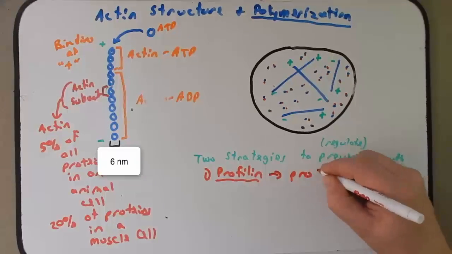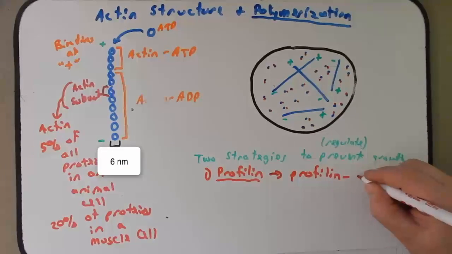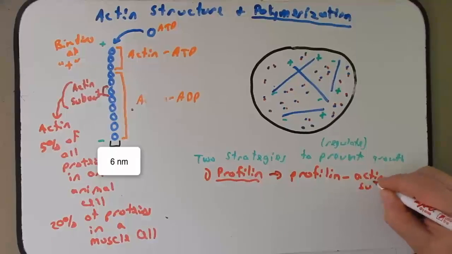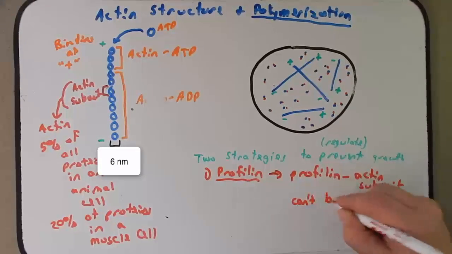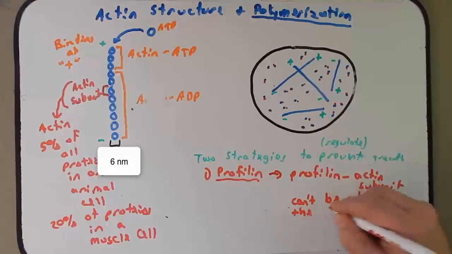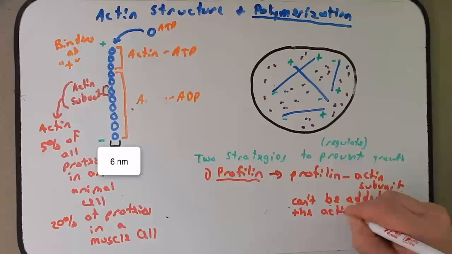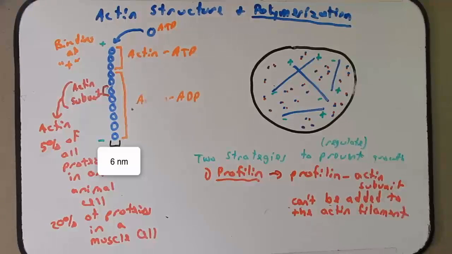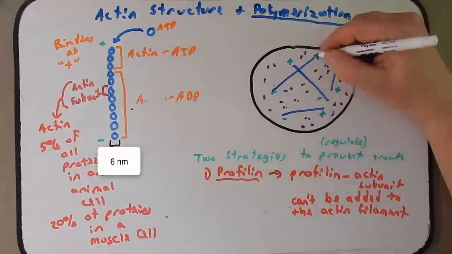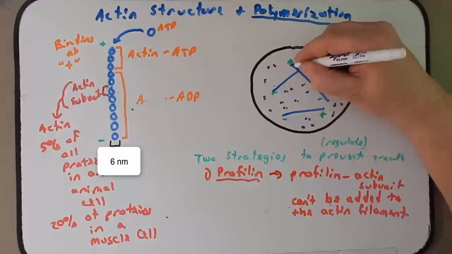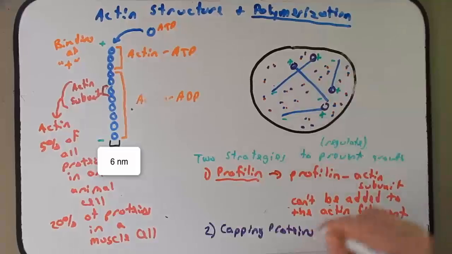So I'm going to draw it right here, profilin, bound to actin subunit, can't be added to the actin filament.